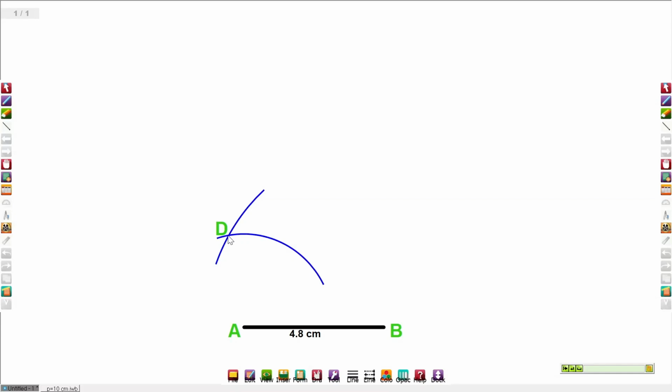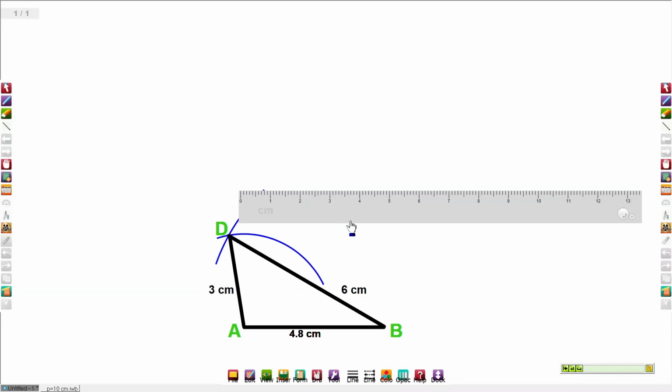Label the intersection point of two circular arcs as the point D and join the point A to the point D with a straight line, and also join point B with the point D again with a straight line, and we obtain a triangle ABD with side AB measuring 4.8 centimeter, side AD measuring 3 centimeter and side BD measuring 6 centimeter.